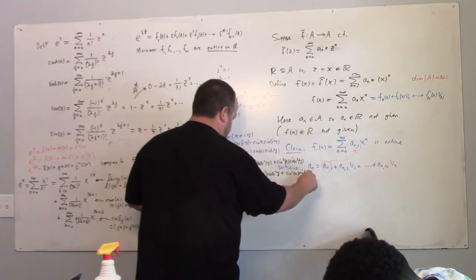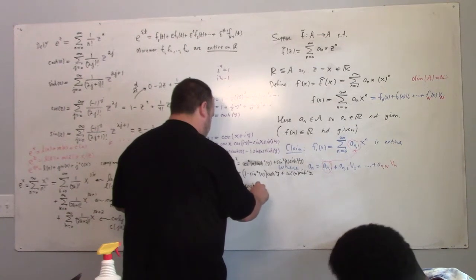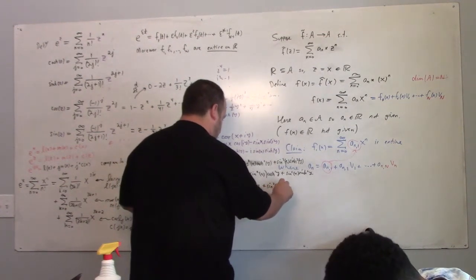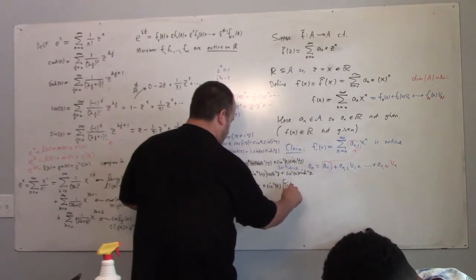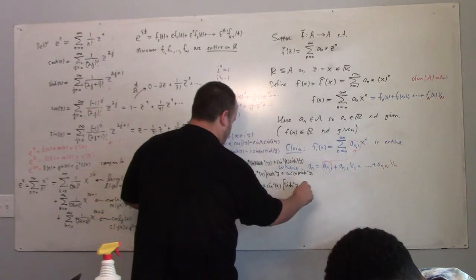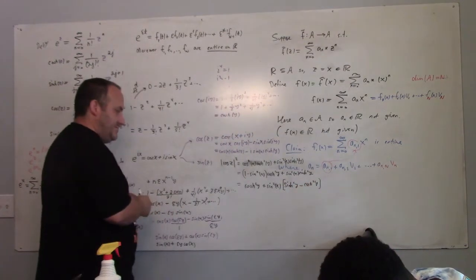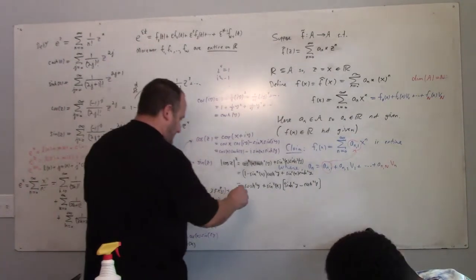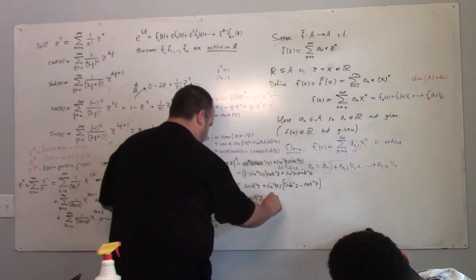So what happens? I get cosh squared y, right? Plus sine squared x times what? Sinh squared y minus cosh squared y, right? But remember, cosh squared minus sinh squared is 1, right? So this is really cosh squared y minus sine squared x.